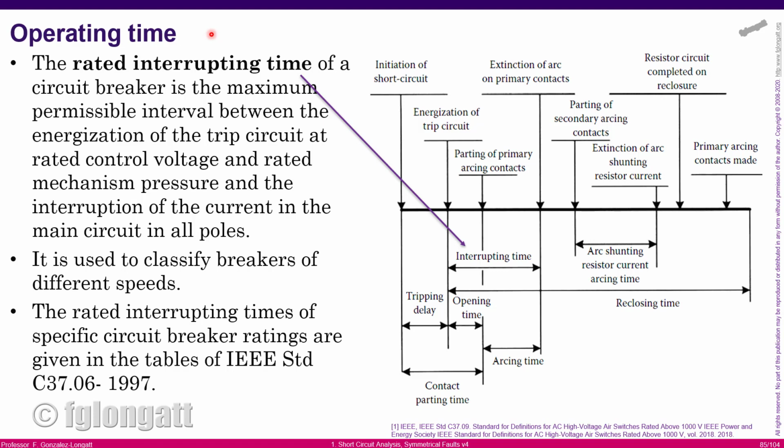And then the arc is elongated and cut down, and the arc is extinguished. When the extinction of the arc at the primary contacts happens, that is what we can say: we have successfully stopped the fault current, and now the circuit breaker is open.